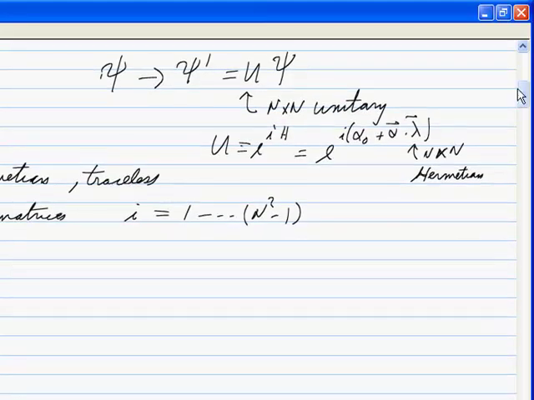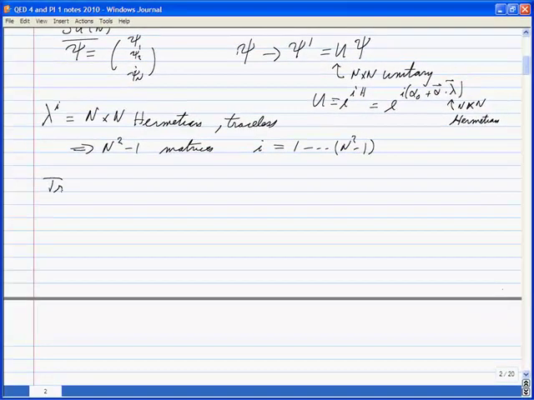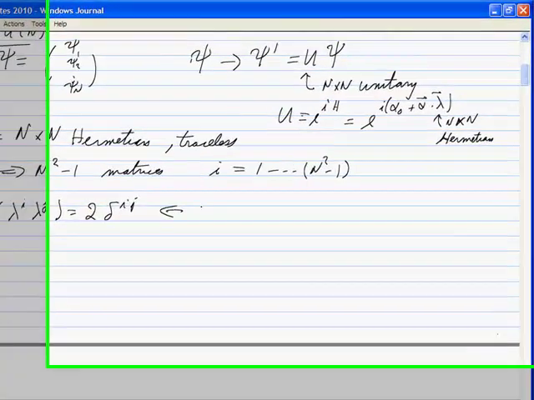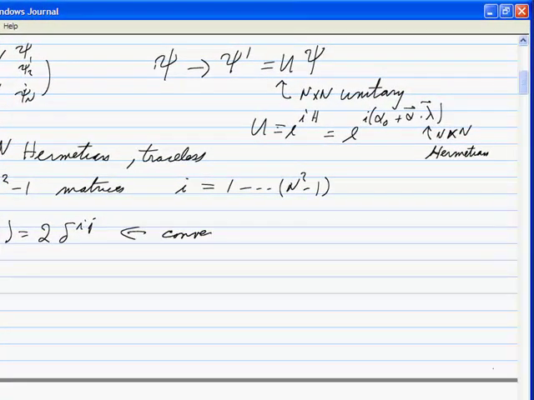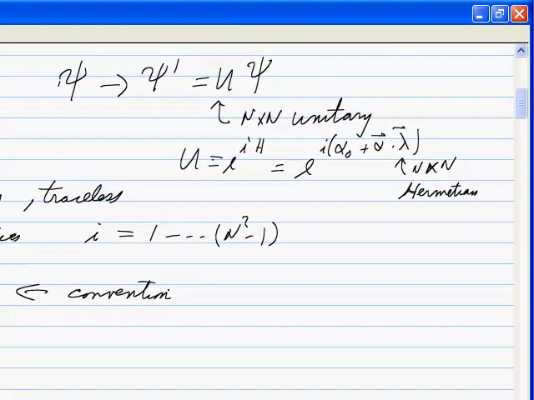Here are the only two things that we end up using. The trace of lambda i lambda j is 2 delta ij. This is just a convention. We just pick them to be orthogonal and normalize them that way. There's nothing deep about that.